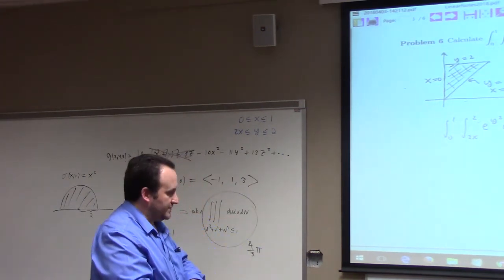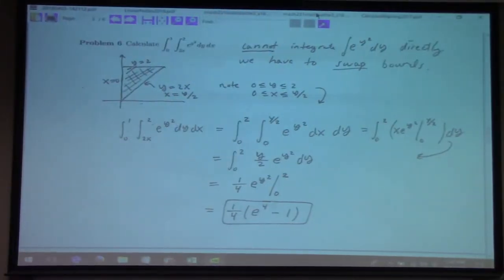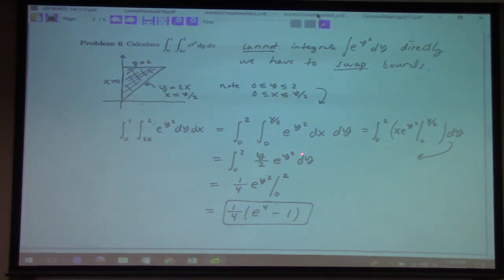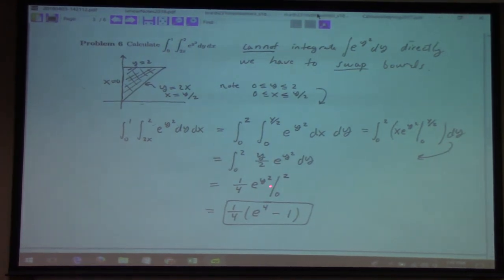So with that change of bounds, all of a sudden, we first integrate over x, which is welcome news, because integral dx is just x, which gives us a y over 2, y e to the y squared dy. And then we're like, well, that's not a problem. This is just 1/2 e to the y squared, and this is the antiderivative of that, which is easy to verify.